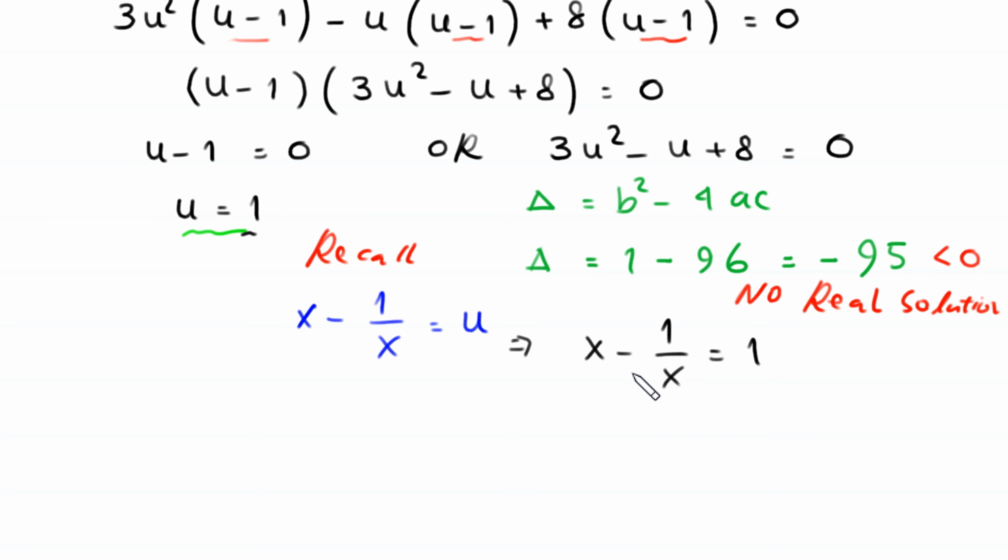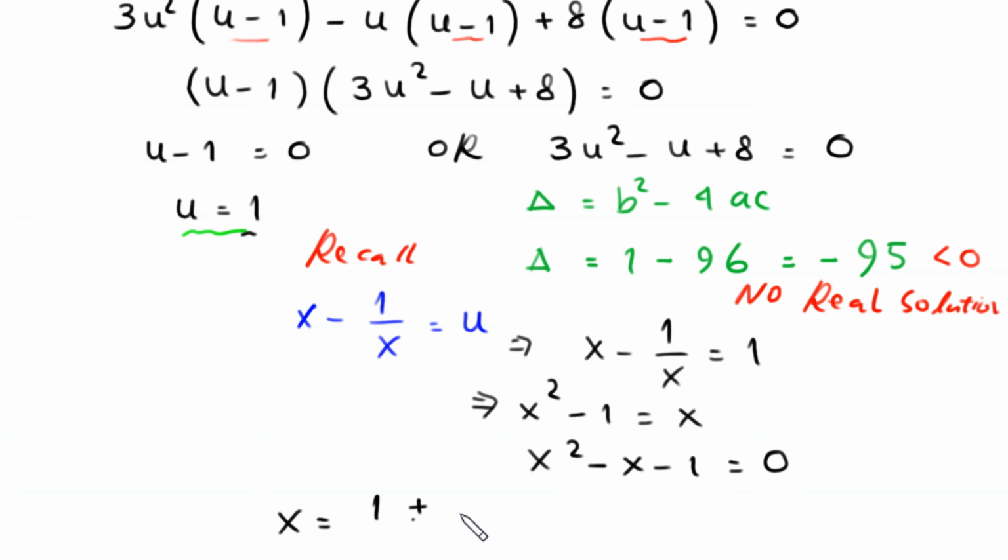If we multiply both sides by x, this implies that x squared minus 1 equal to x. Move this x to the left hand side, this will become x squared minus x minus 1 equal to 0. And by solving this quadratic equation, we get the value of x equal to 1 plus minus root 5 divided by 2. So this is the final value of x. This is the final answer of this problem.